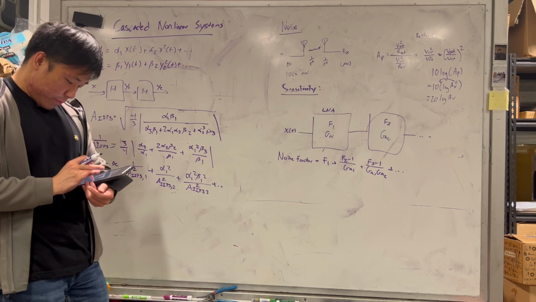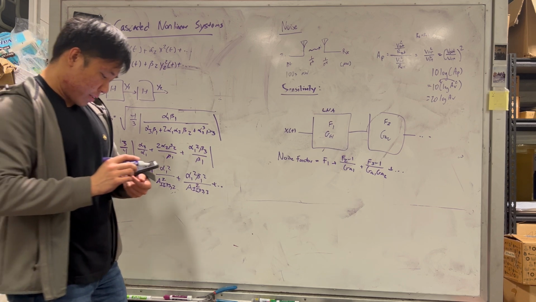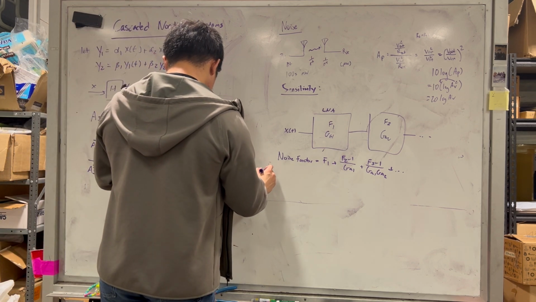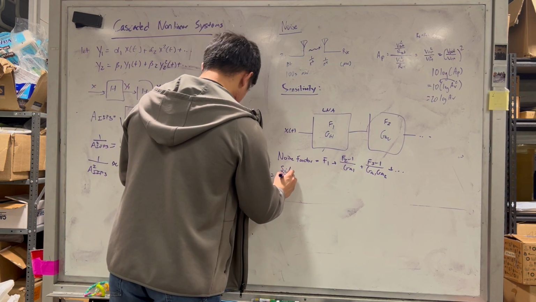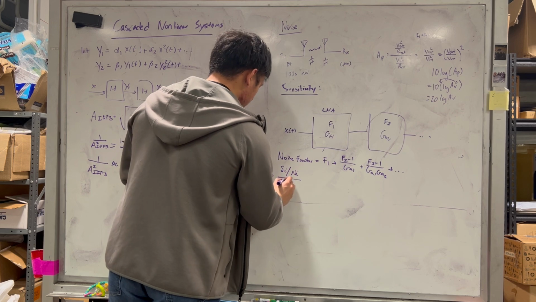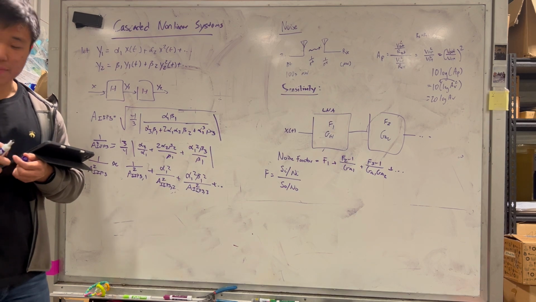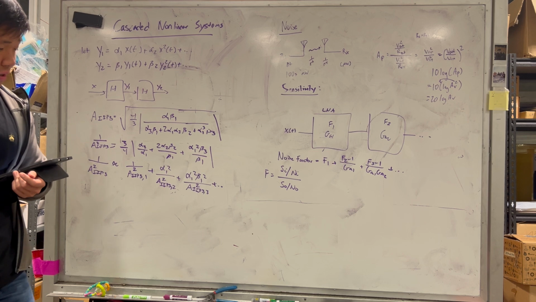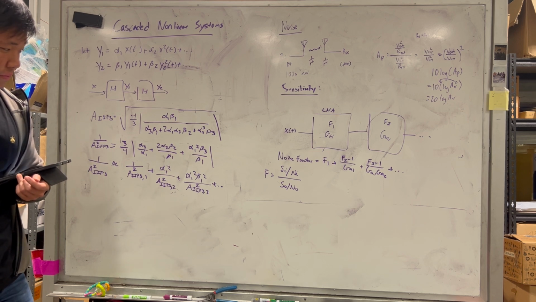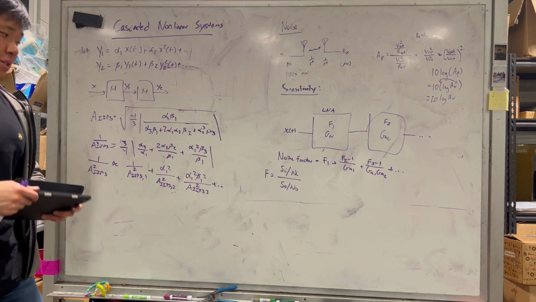And I guess really briefly, noise factor can be just seen as the signal at the input over the noise at the input, over the signal at the output over the noise at the output. That's just about it. You can see that normally noise gets worse and worse.